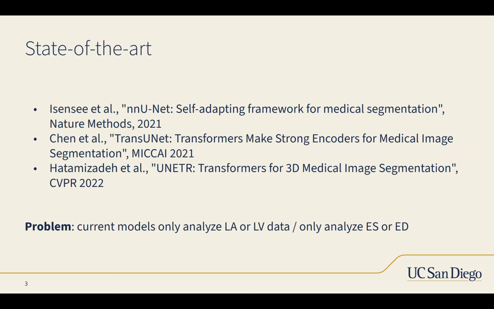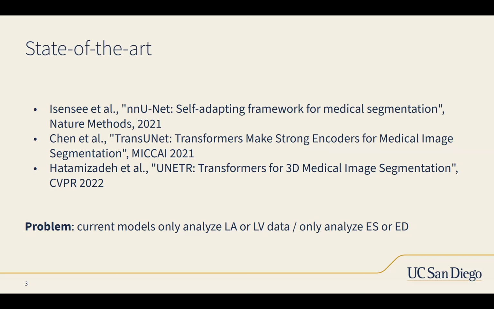But we found that a common deficiency of these current models is that they are specific to only one subset of data, whether only the left atrium or the left ventricle data, and likewise only measure the end systole or the end diastole data.